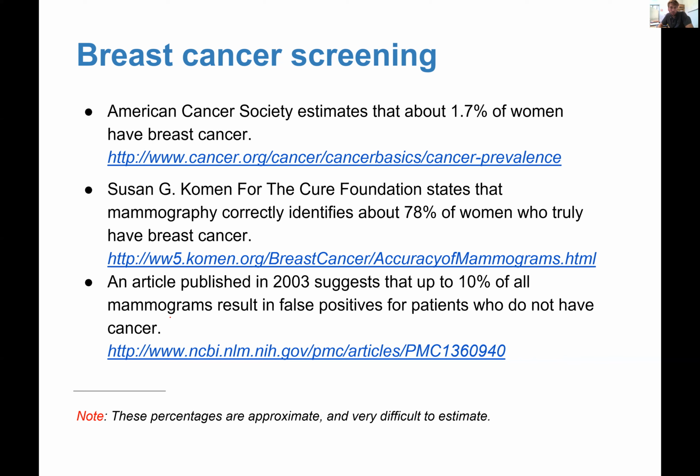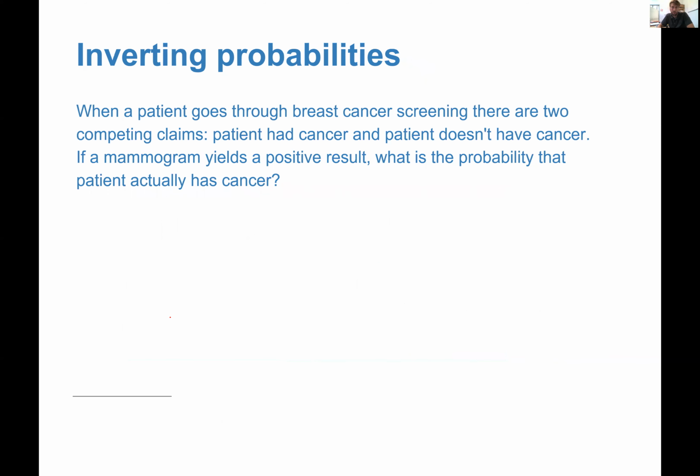An article published in 2003 suggests that up to 10% of all mammograms result in false positives for patients who do not have cancer. So when a patient goes through breast cancer screening, there are two competing claims. The patient had cancer and the patient doesn't have cancer. If a mammogram yields a positive result, what is the probability that the patient actually has cancer?